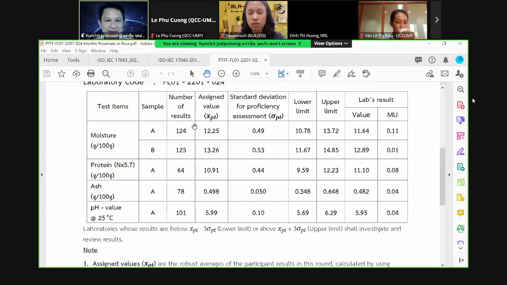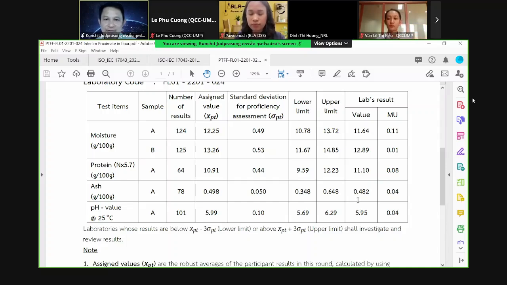But in the interim report, this is the total of results, the SI value that the PT provider intended to use, and they set the upper and lower limit, and the lab here is here.